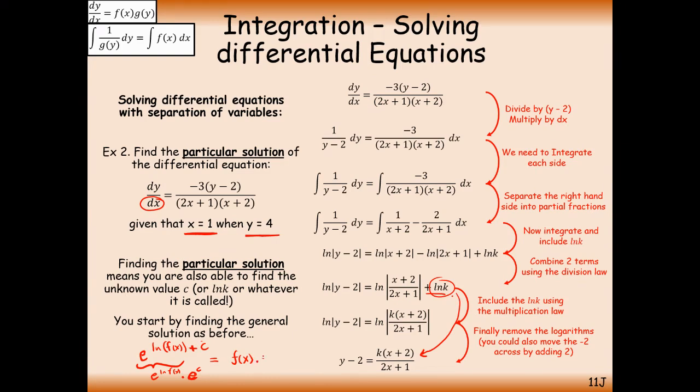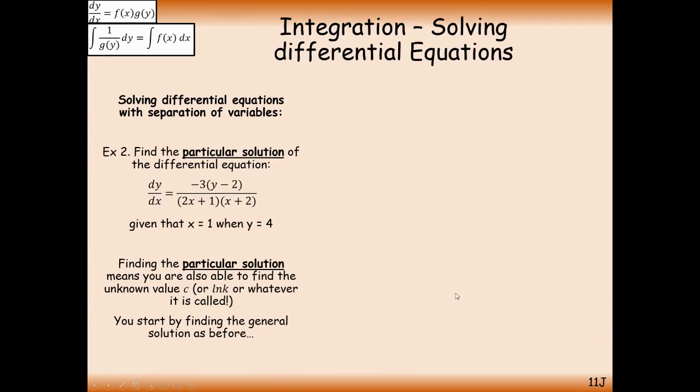So this f of x is multiplied by e to the power c, and we are calling this e to the power c a constant, k. Okay, so then we are also told the values of x and y, so that we can actually calculate the value of k, and that's what we will do on the next slide.